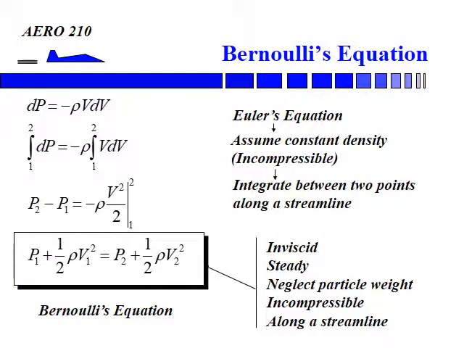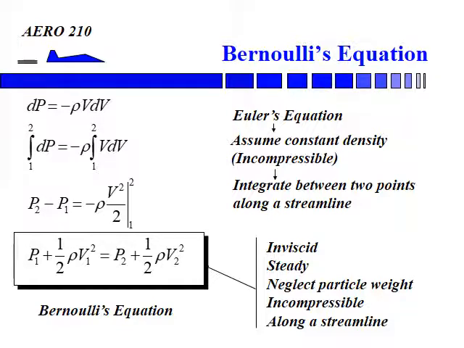We take one more step to get Bernoulli's equation. We want to integrate that along the streamline from station 1 to station 2. Now, this would be a rather messy integral if rho was a variable, but if we assume incompressible flow so that rho is a constant, and we can take rho outside the integral, then it becomes easy to integrate.